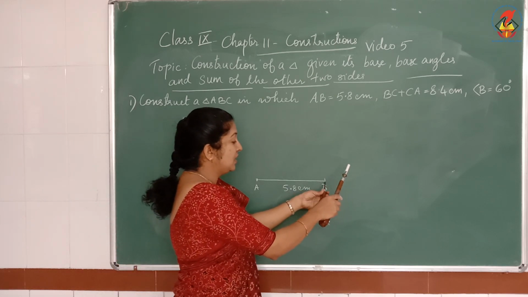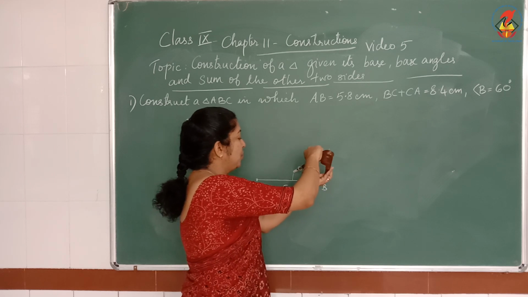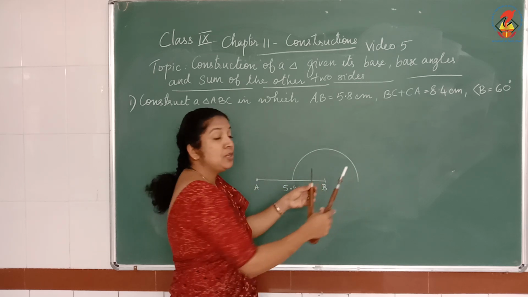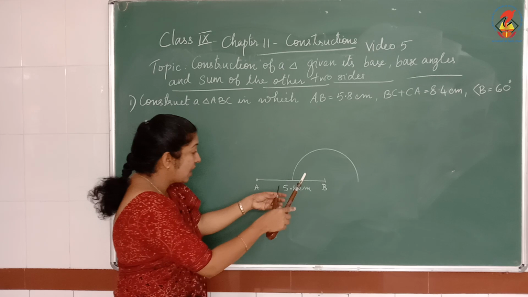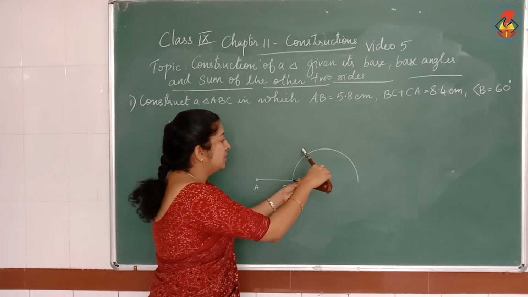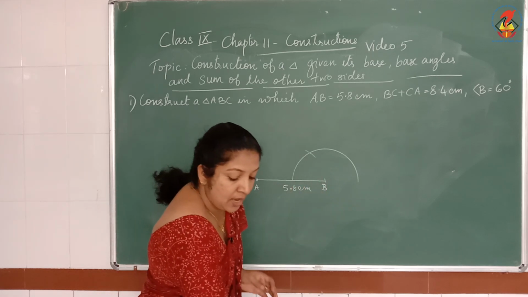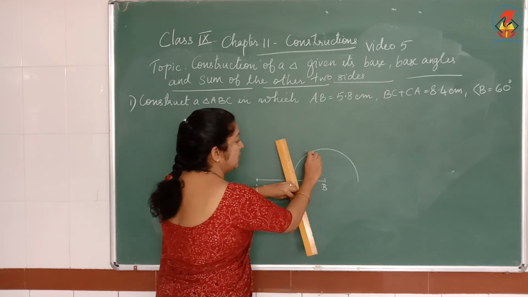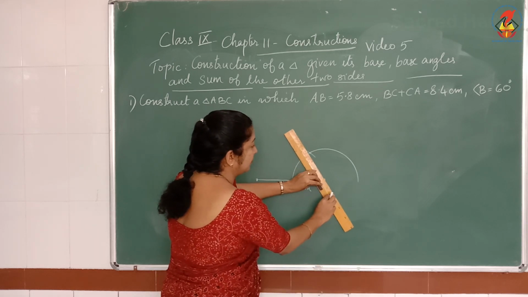So take any radius, draw an arc here. How much we need? 60 degree. With the same radius, make a cut on this arc and join these two. Mark this point, join these two.